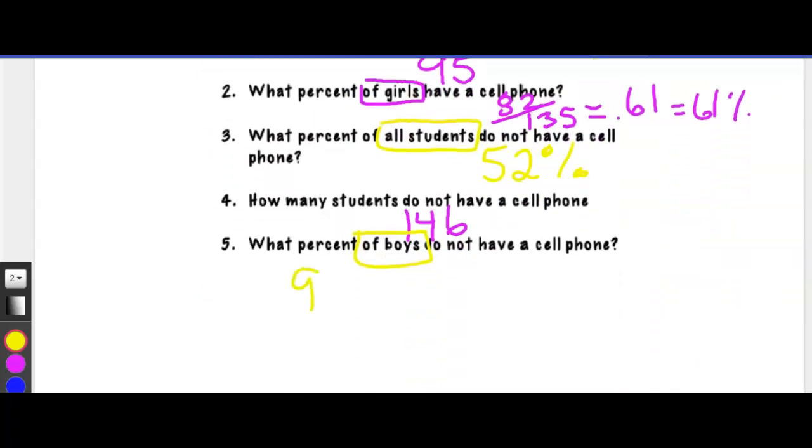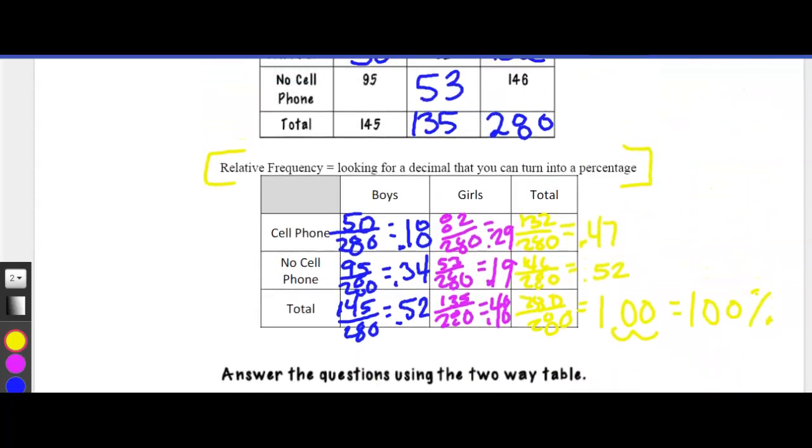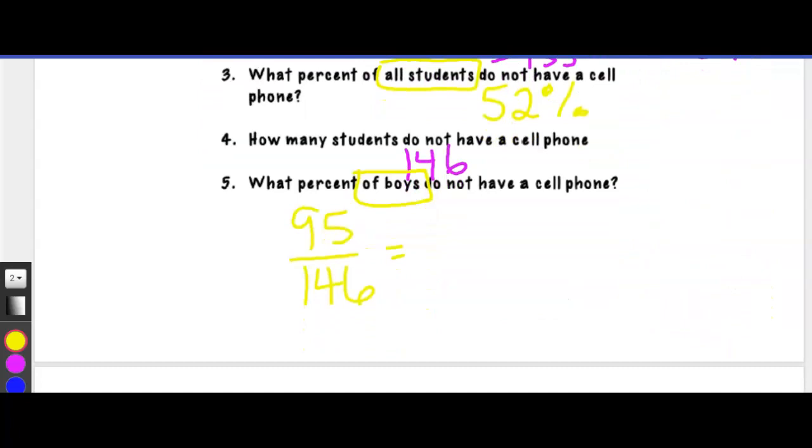So 95 out of the 146 boys, was it 46? I already forgot my memory. Nope, it was 45. I knew that wasn't right. That's why I questioned myself. So 95 out of the 145, which would give you 60. I'm going to round this to 0.66 or 66%.